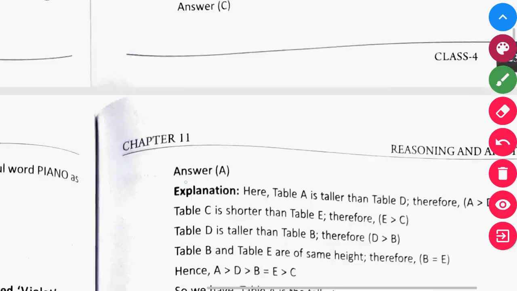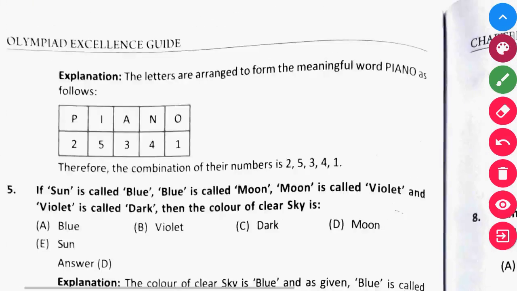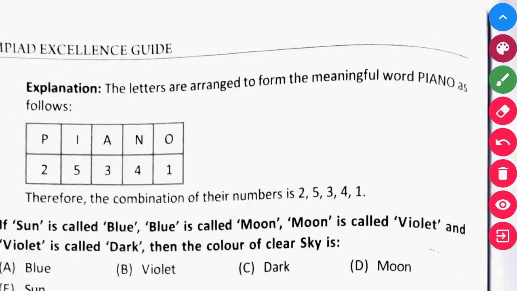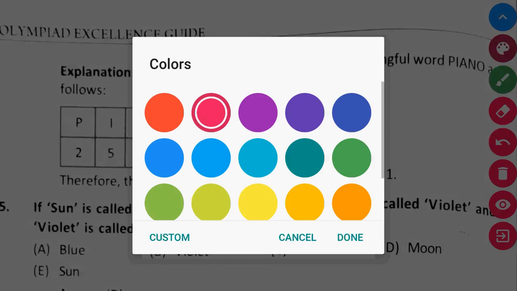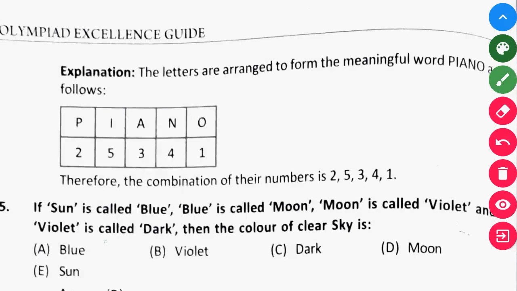Okay, now the next is coding pattern, what we had seen in the introduction session. That coding pattern is applied here. If sun is called blue, blue is called moon, moon is called violet, and violet is called dark. So what is the color of sky?